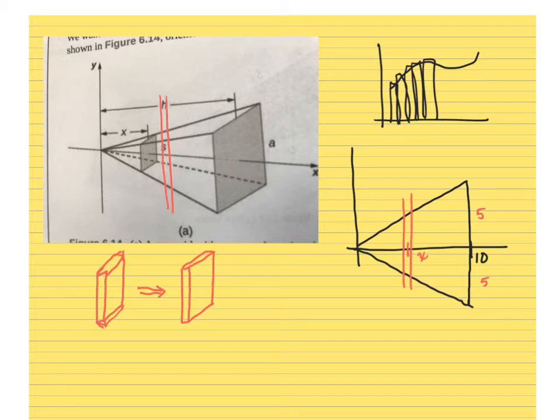So the idea is if I cut it, I get a square, right? It's actually a really thin slab, but it is square shaped. And it doesn't matter where I cut, I still get that square. It might be bigger, but it's still a square.